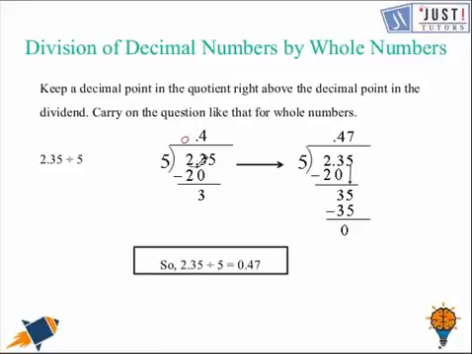Then we need to use the 23 altogether. 5 goes 4 times into 23 with a remainder of 3. And then we'll take the 5 down and hence it will become 35. 5 goes 7 times into 35 with 0 as a remainder. So the answer for this question is 0.47. This is how we can work out the division of decimal numbers by a whole number.